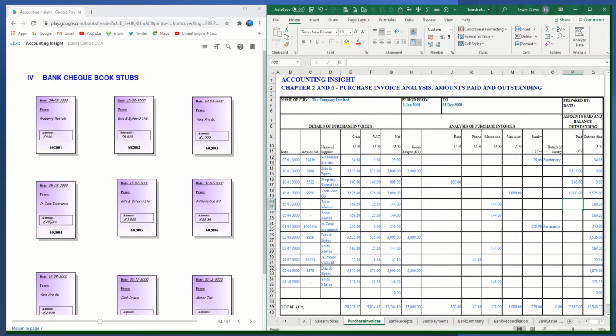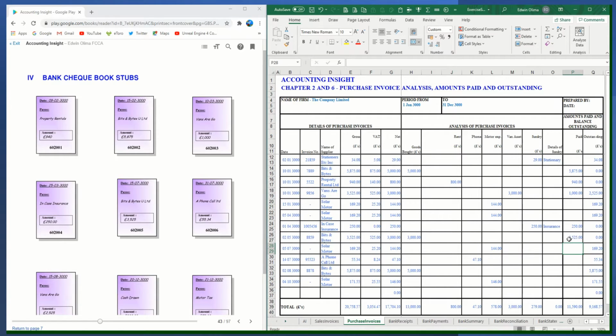The fourth one, In Case Insurance, £250. We pay them £250. Balance 0. Fifth one, Bits and Bytes, 3,525. I believe it's this one. And we pay them 3,525.